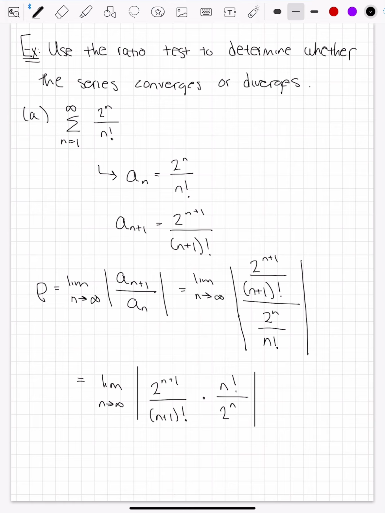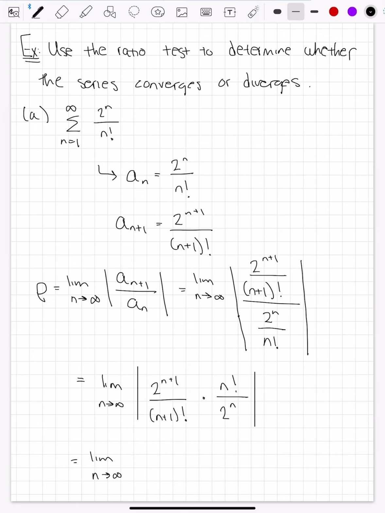I'm going to rewrite this, because this is all basically one fraction since it's all just multiplied together. Remember, for fractions you just multiply across. But I want to organize it to put the factorial over the factorial and the exponential over the exponential, so that things can cancel out.